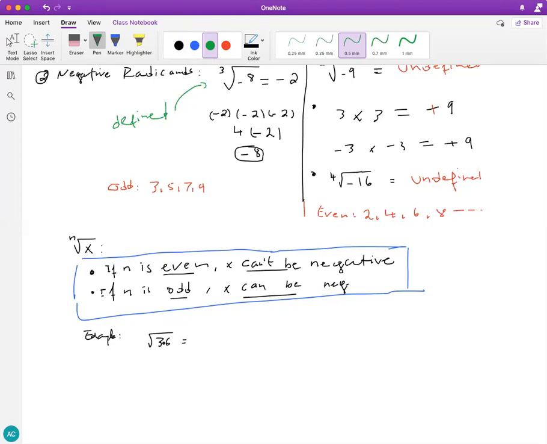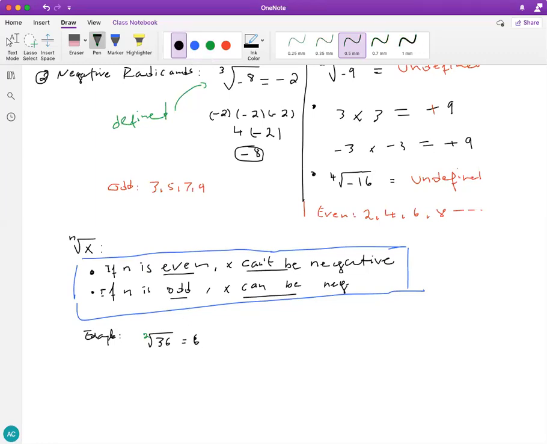It's basically the square root of 36, or radical index. What is the index of this radical if you don't see it? 2. Right? So by default, if you don't see it, it's 2. It means square root. What is the square root of 36? 6. That's right, 6.